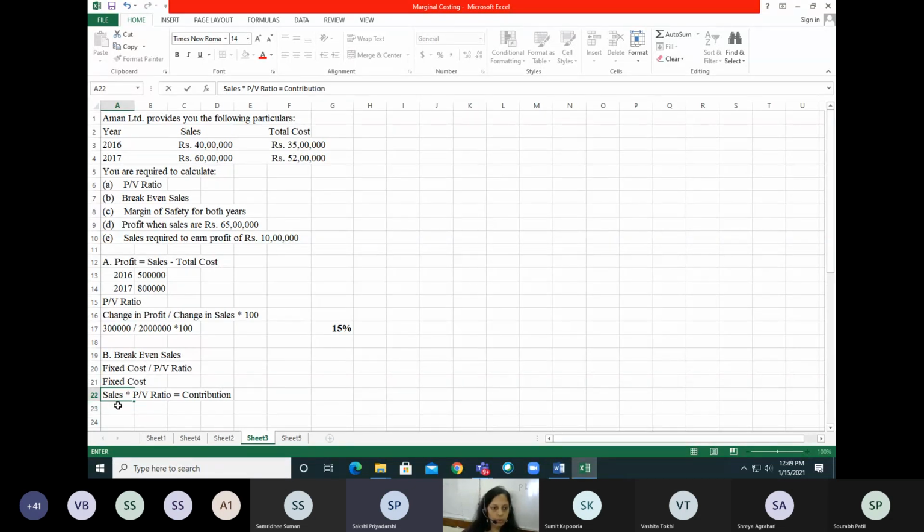Now you can take sales of any year, either 2016 or 2017. Suppose you take 2016, so 40 lakh into 15% will be your contribution. All of you mute yourself.